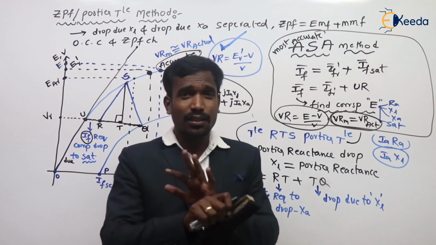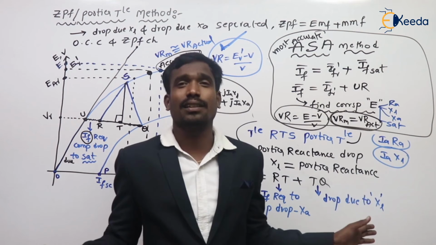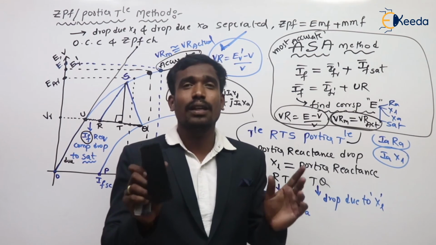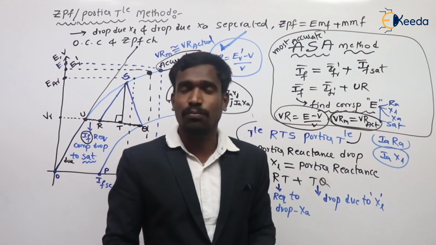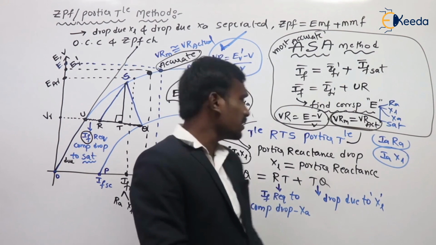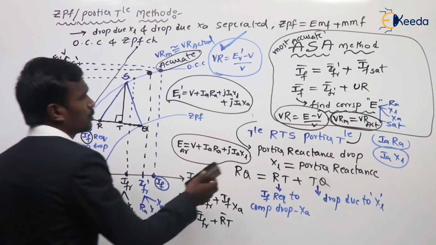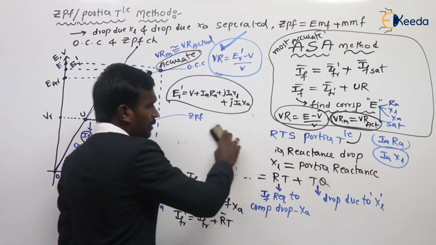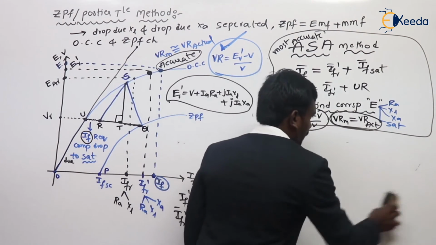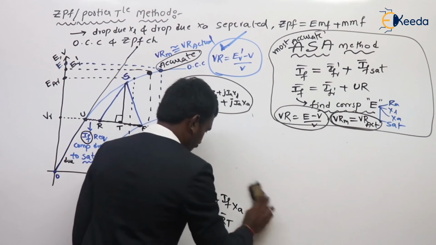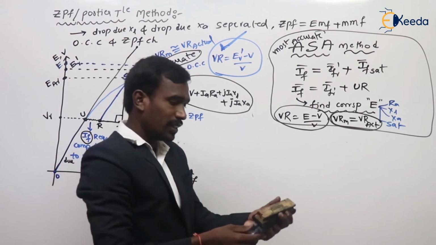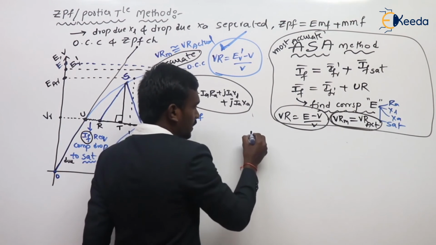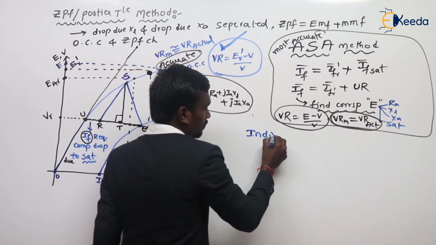Clear? These are the things we learned here. Very, very important: the indirect voltage regulation methods, what we saw up to now. Let's see here the indirect voltage regulation methods.